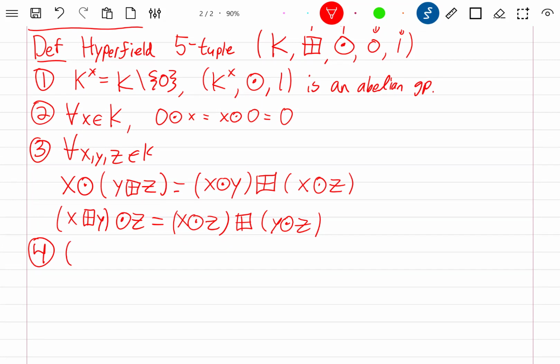And then lastly, we require K with our addition operator and 0 forms a commutative hypergroup.